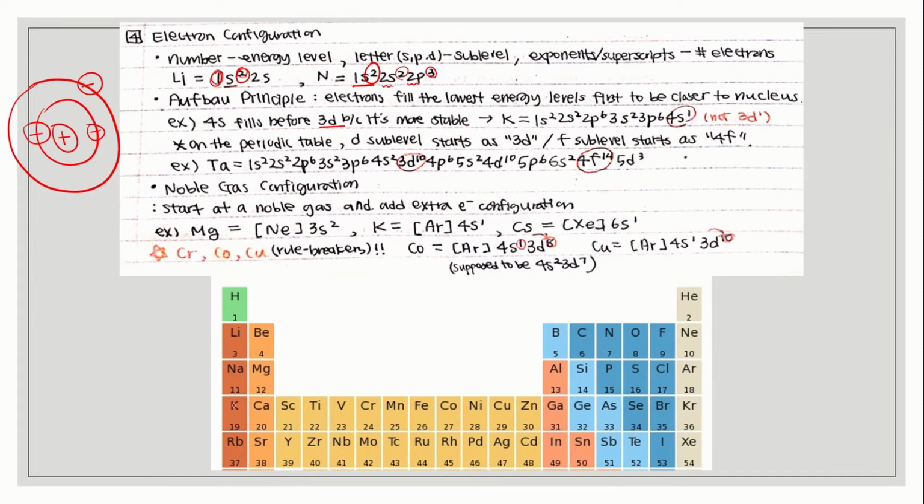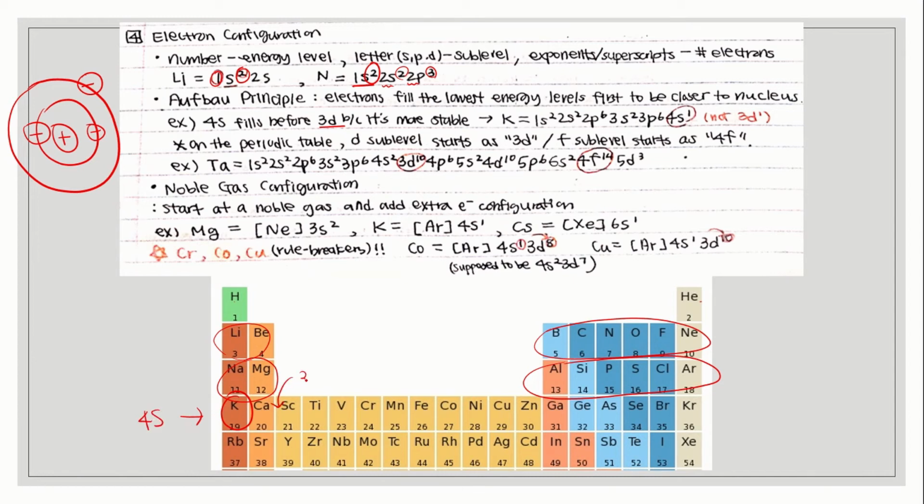Therefore, for K, potassium, you see that it has the electron configuration of 1s2, 2s2, 2p6, 3s2, 3p6, and then 4s1 instead of 3d. And you can count from the periodic table as 1s2, 2s2, 2p6, 3s2, 3p6, and then you see that 4s comes first.